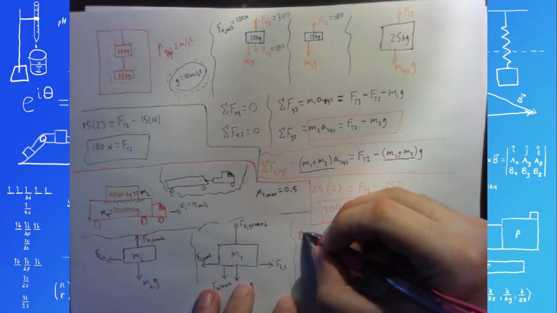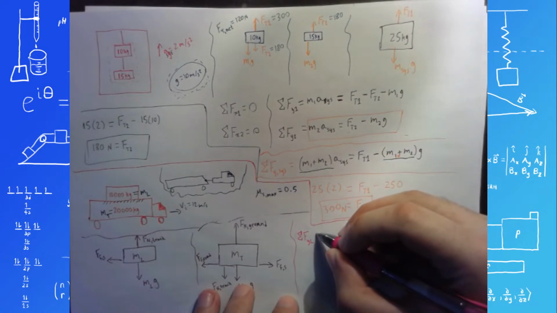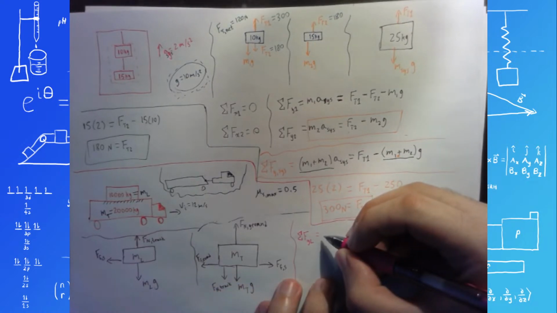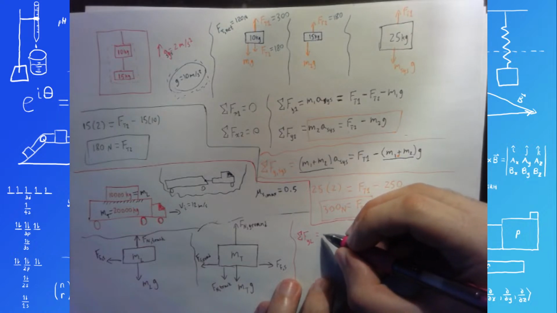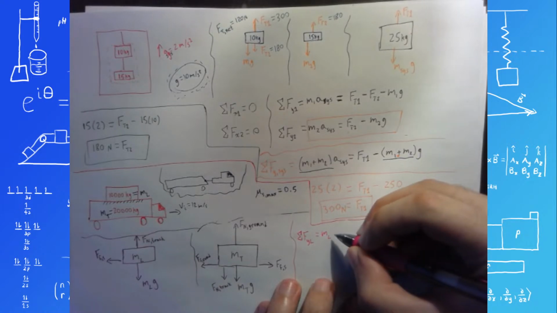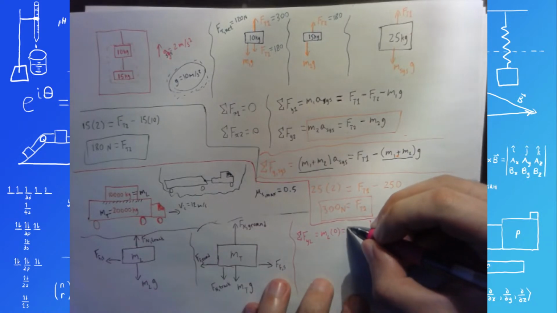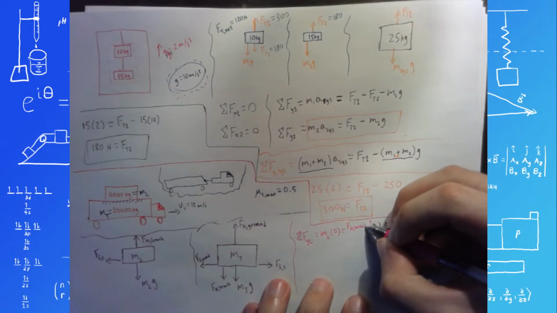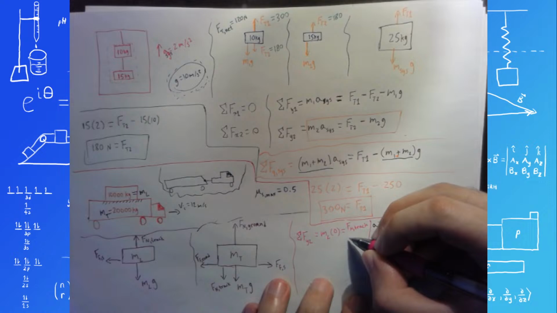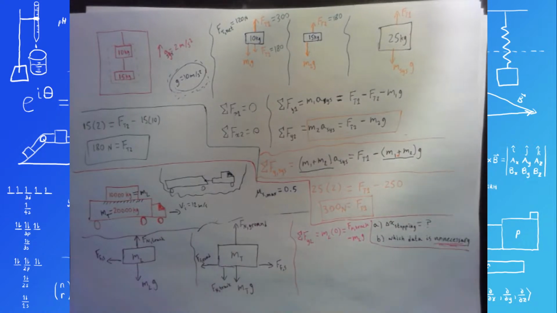Net force Y on the load is going to be equal to the mass of the load times the acceleration in Y, which should be 0, equals forces up, so that's normal force truck, minus forces down, that would be mass of the load times g.